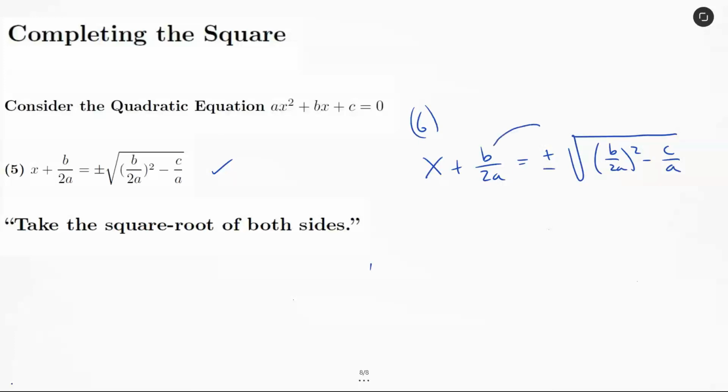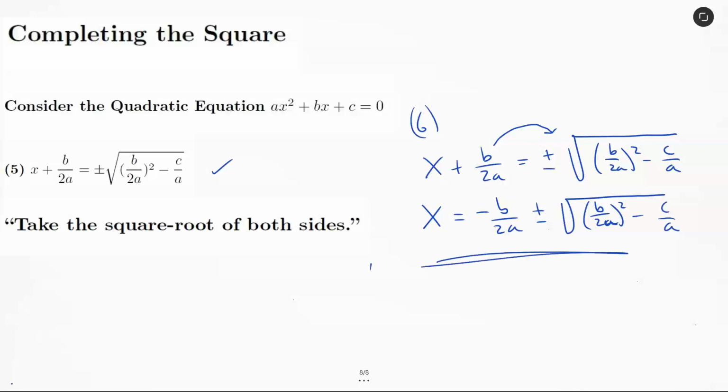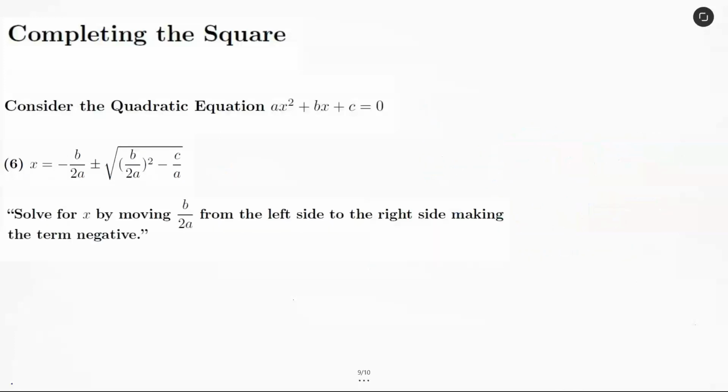Now I'm going to move from the left to the right, and I have x is equal to negative b over 2a plus or minus the square root of b over 2a squared minus c over a. And there you have it. Step 6, nice and neat. Solve for x by moving b over 2a from the left side to the right side, making the term negative.